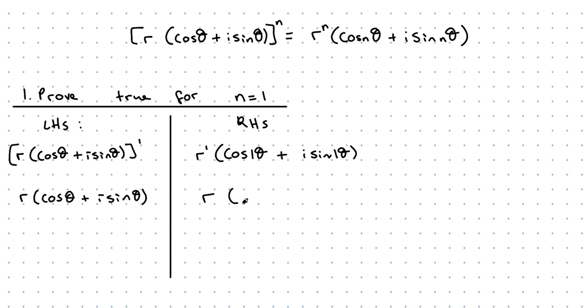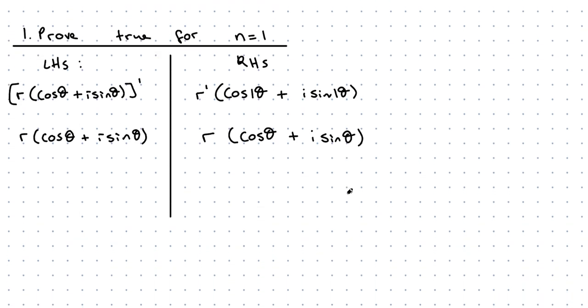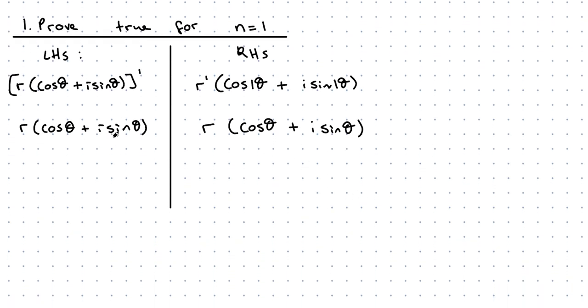Cos of 1 theta is just cos theta, plus i sine of 1 theta is the same as i sine theta. Don't need the 1. Now, the left-hand side matches the right-hand side. So left-hand side equals right-hand side, therefore true for n equal to 1.